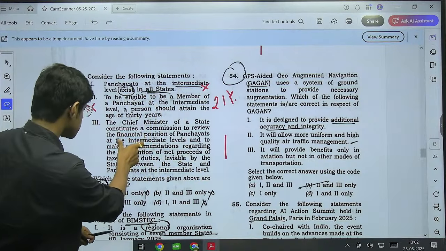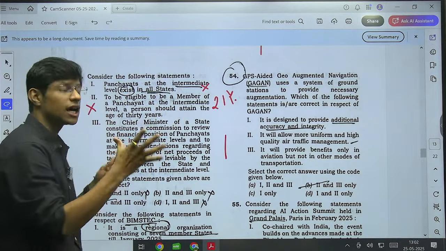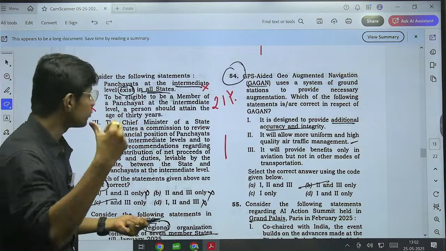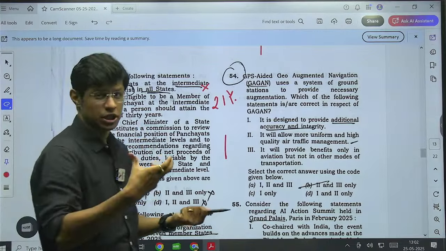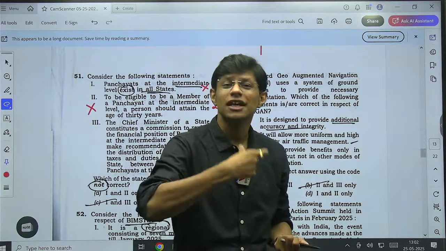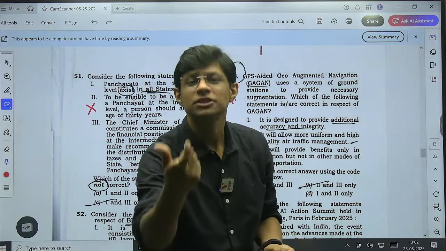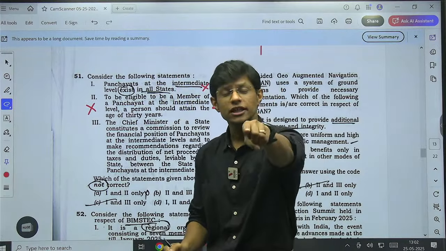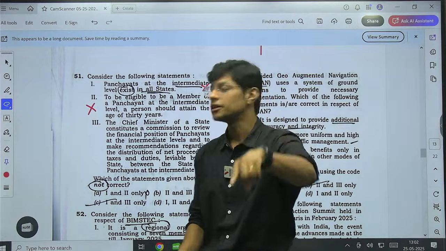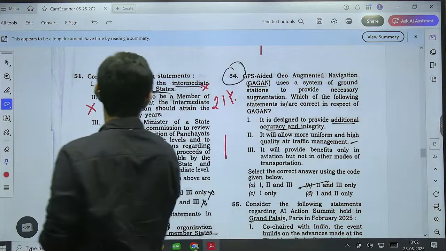To make recommendations regarding the distribution of net proceeds of the taxes and duties, how much share the state government has to distribute to the panchayats. For that we have the State Finance Commission, and who constitutes it? It is the Governor. So even this statement is incorrect.